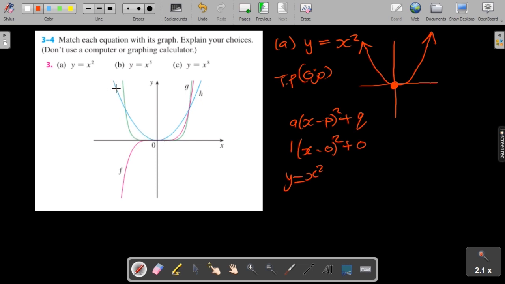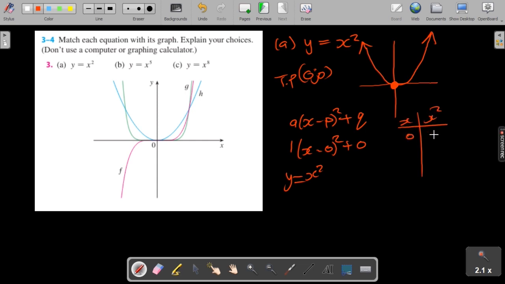Another thing to consider is its ascension, so how much it grows by, as well as how narrow it is towards its turning point. So expect this to be quite narrow towards the turning point, and then just increase outwards. And you can use a bunch of values to evaluate that.